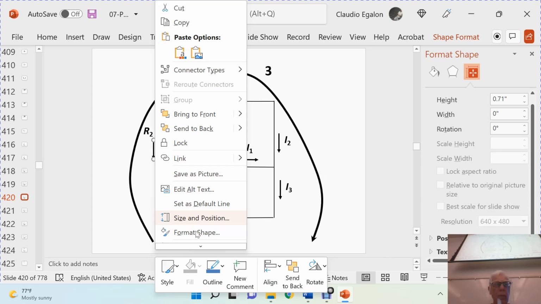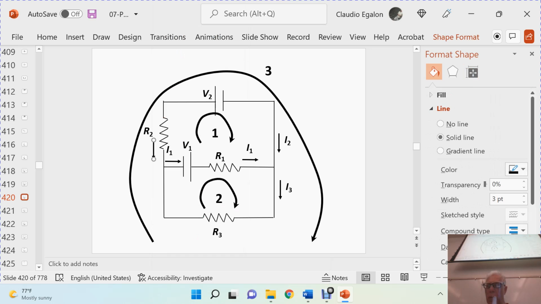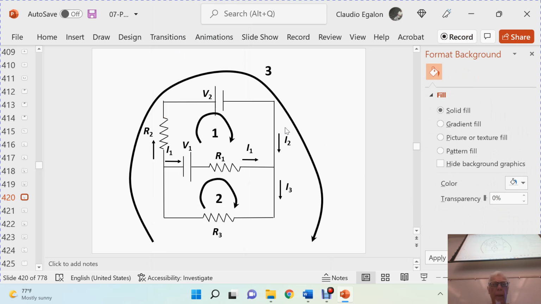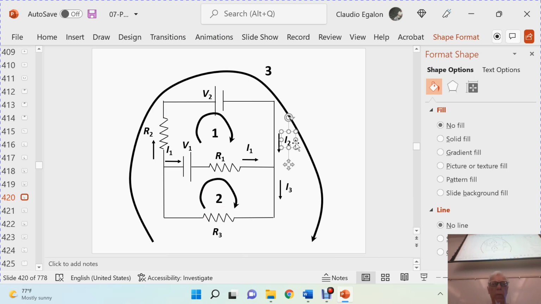Size, save a picture, format shape. Here you go. I2. Right. Okay.